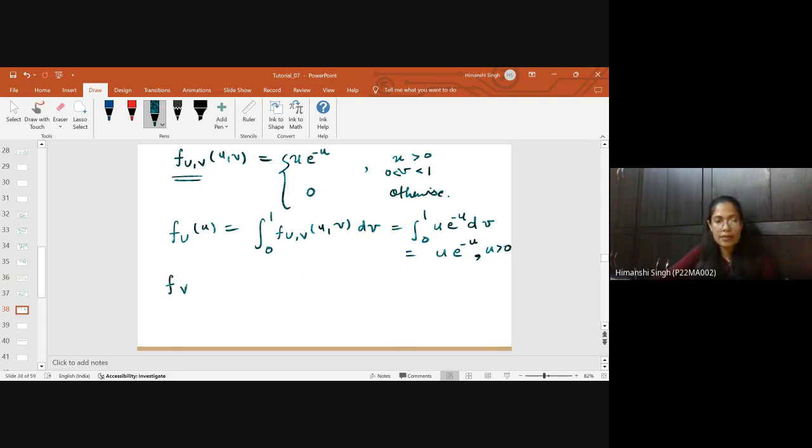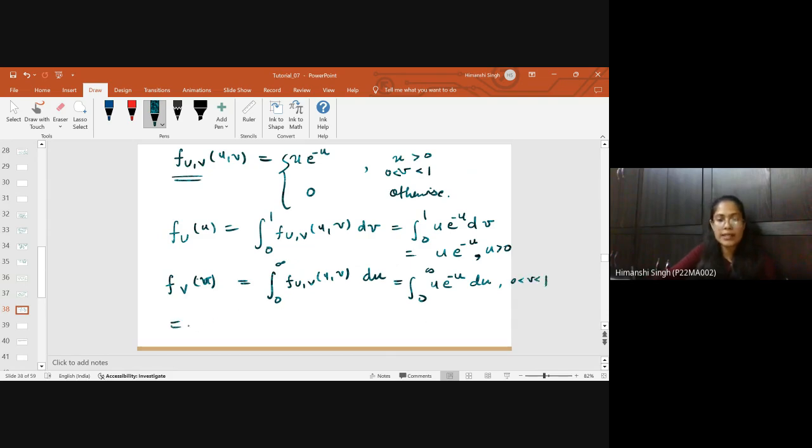Now, if I need to find the marginal of v, f of v will be the integral of f of u comma v with respect to u, and u runs from 0 to infinity. So it will be the integral from 0 to infinity of u into e to the power minus u du, and here v is from 0 to 1.